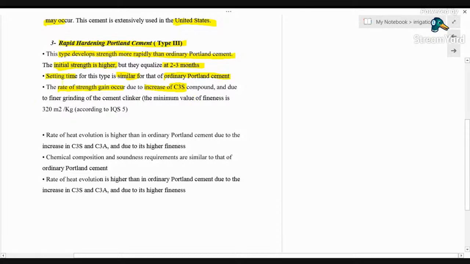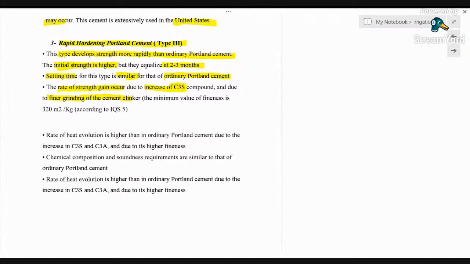And in rapid hardening cement, we also get this strength by a finer grind of the cement. The finer the cement, the more of the particle surface is exposed to water.